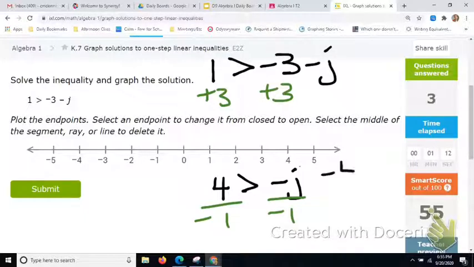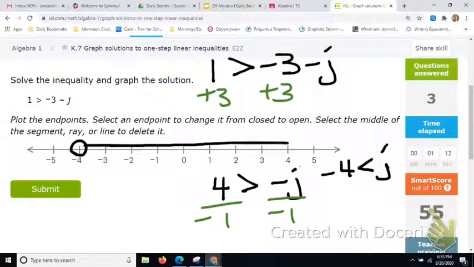So -4, flip the sign, and J. So there's going to be an open circle at -4, but now I need to think, which way do I shade? So the variable is on the open side of that inequality, which means we want our shading to represent all the things that are bigger than that.